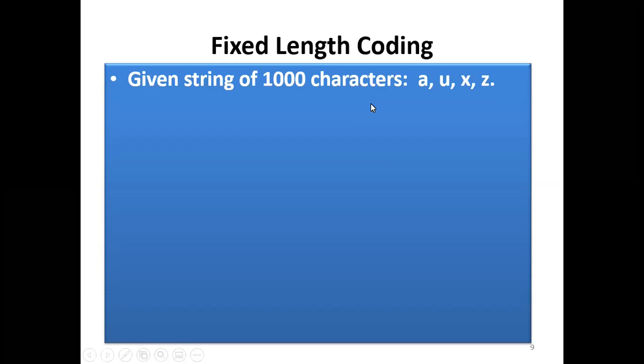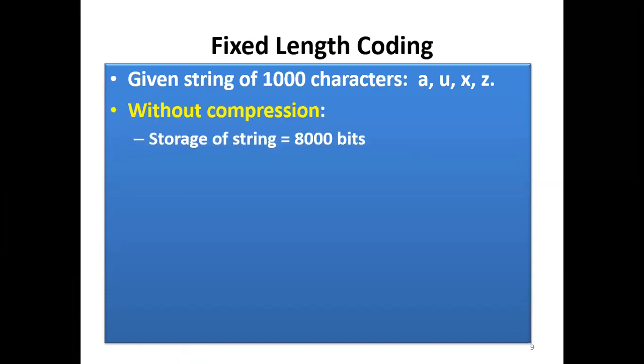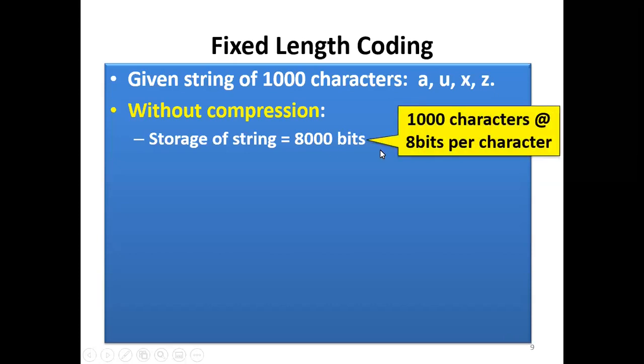1,000 characters. If we want to send this data without compression, the storage is going to be 8,000 bits, because we have 1,000 characters and each character has 8 bits.